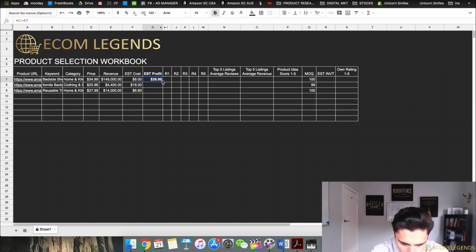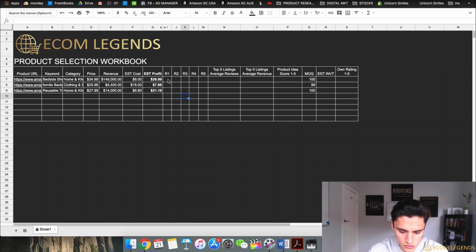So if we just pull this one down in order to calculate the other two, we'll have here our estimated profit. Okay, so as you can see here, the Fortnite backpack, the estimated profit is not big enough. That's not good. Okay, this is potentially a no-no. The competition might be very low, but the profit is not enough compared to the other two.